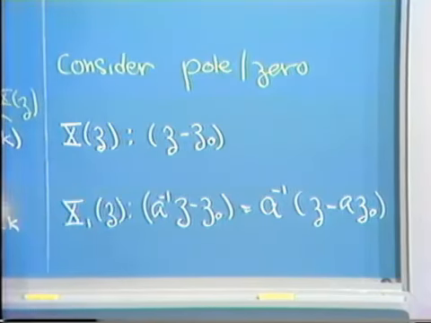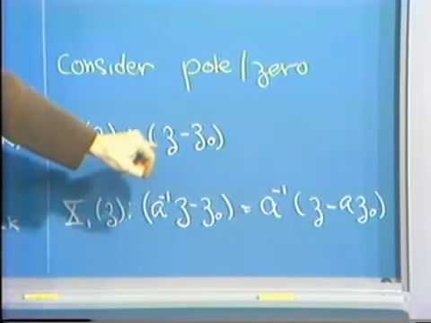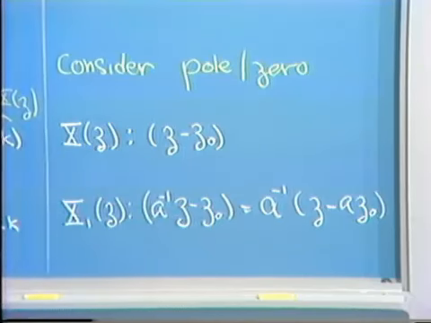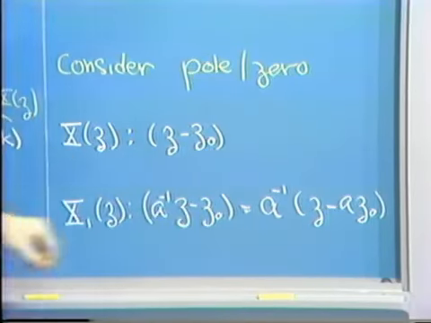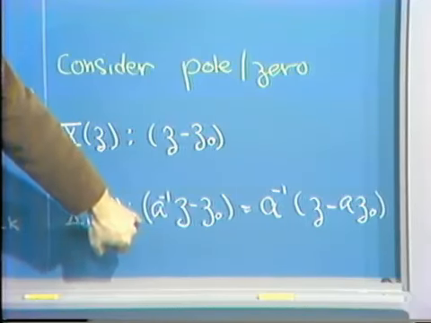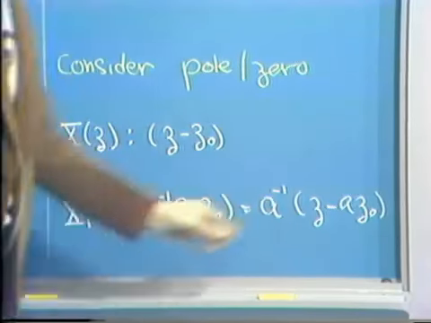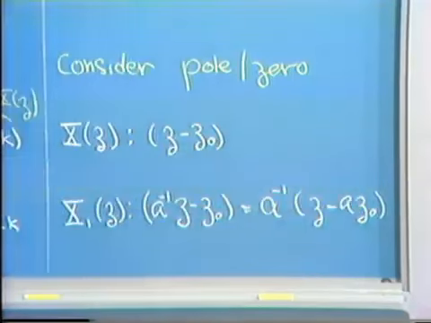Well, X1(z) will then have a factor derived from that one, but for which z is replaced by a to the minus 1 times z, and then we have the minus z0. Or if we pull the a to the minus 1 outside, we have a to the minus 1 times (z minus a times z0). So there are two effects here.